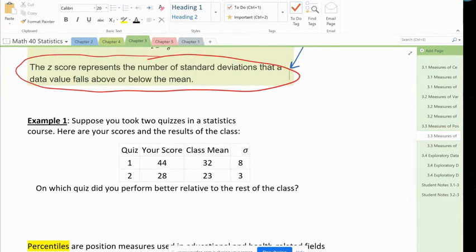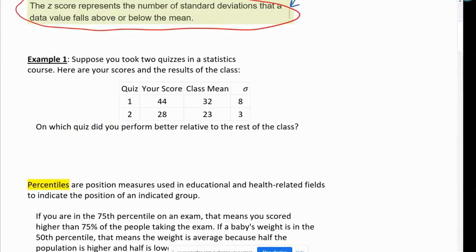Okay, so if we take a look at example 1, on quiz 1, let's say you scored 44 and the class mean was 32. On quiz 2, you scored 28. The class mean was 23. And the standard deviation is given for both of those as well. The first quiz, the standard deviation was 8.